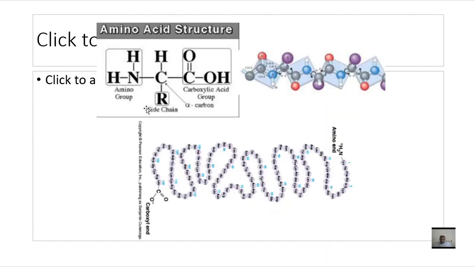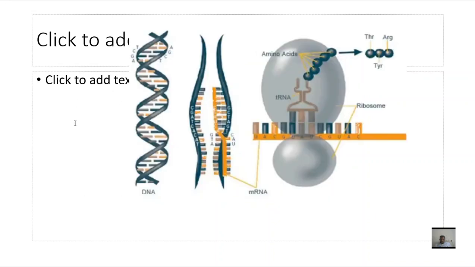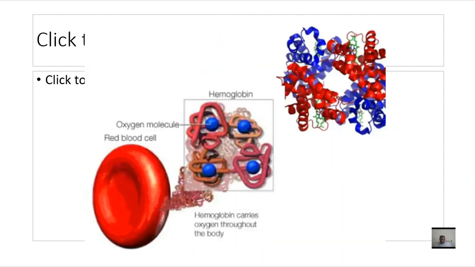This is an example of an amino acid which is available in the protein. Some examples are DNA, mRNA, amino acids, ribosome, like that. This is the RBC, and within that RBC we have hemoglobin. This hemoglobin combines with the gas oxygen, which is called oxyhemoglobin.